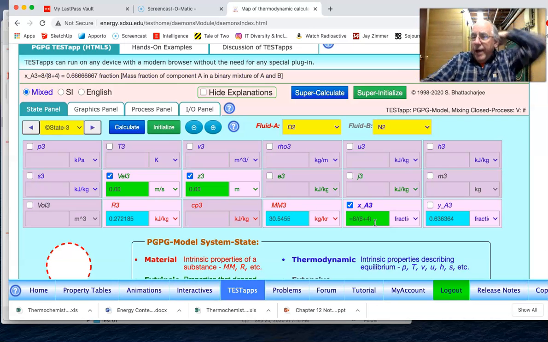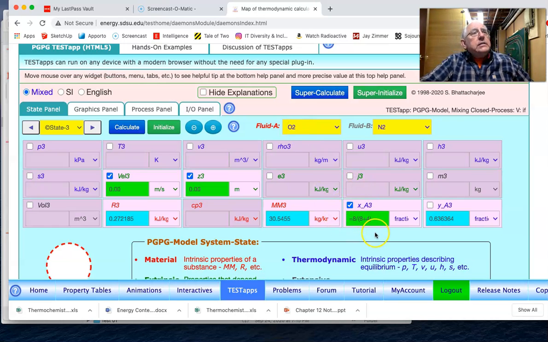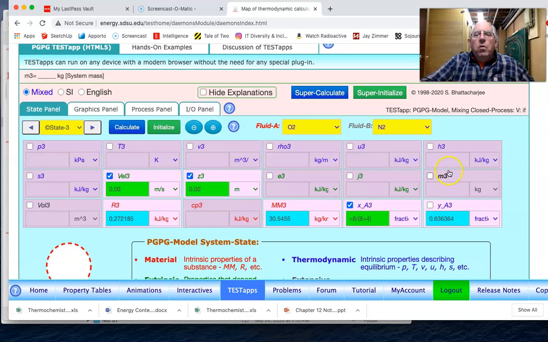The mass fraction of oxygen in the final mixture is 0.666.